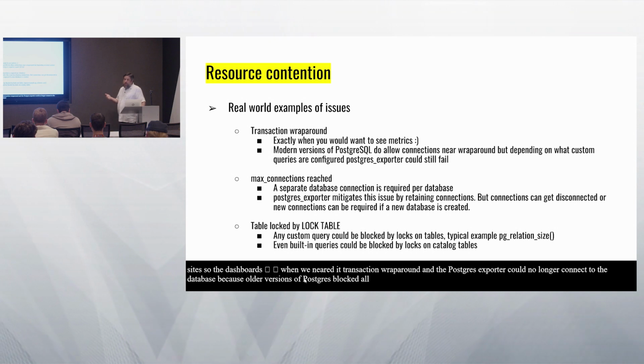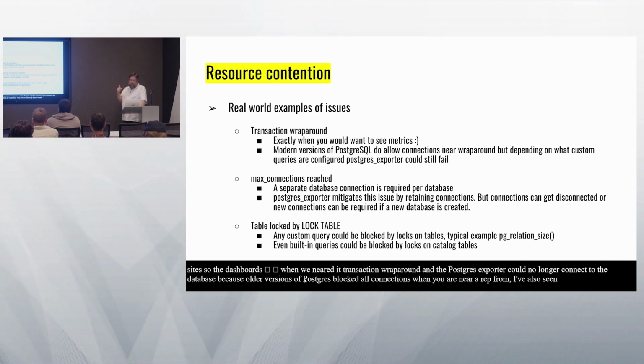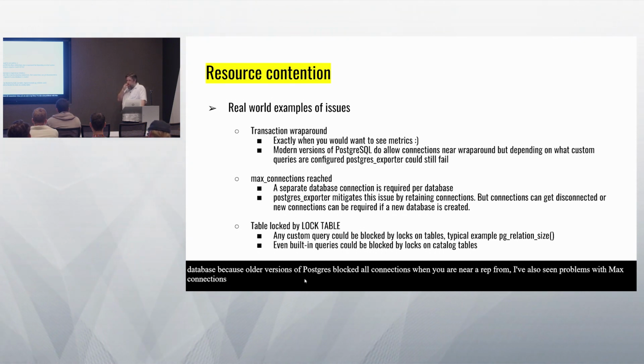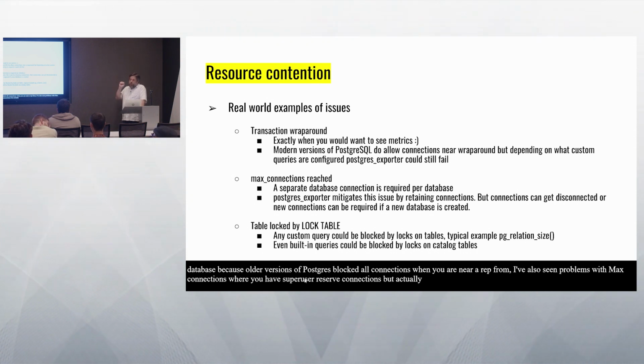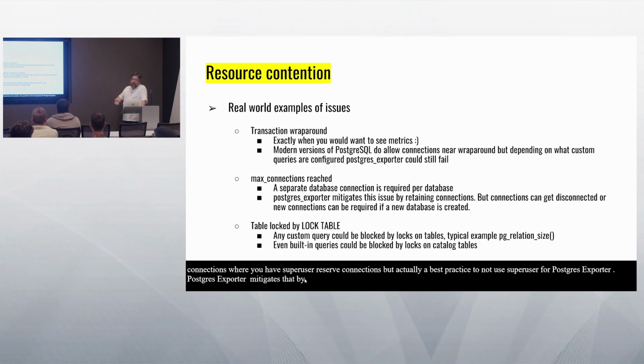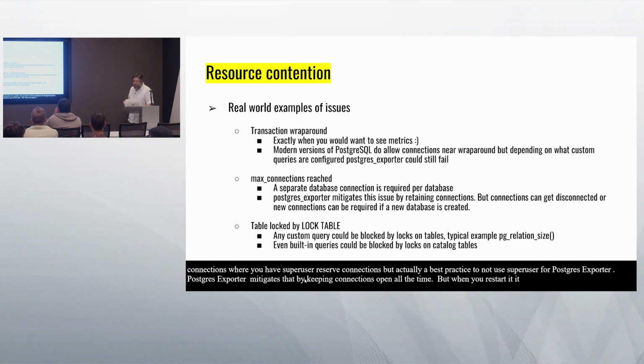I've also seen problems with max connections where you have superuser reserved connections, but it's actually a best practice to not use superuser for Postgres exporter. So Postgres exporter mitigates that by keeping connections open all the time. But when you restart it, it still has to reconnect. And if you're nearing max connections, you can run into problems.